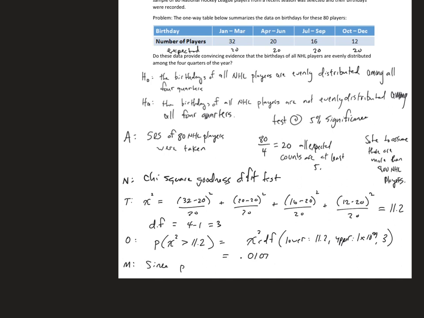Since P is less than alpha, 0.0107 is less than 0.05, we will reject the null.